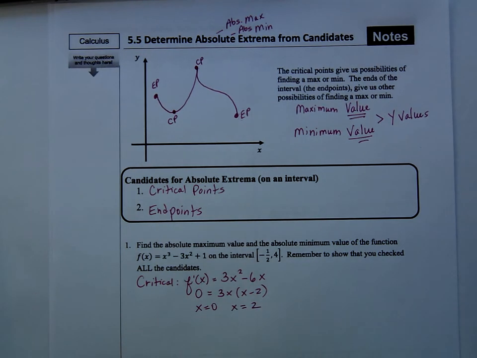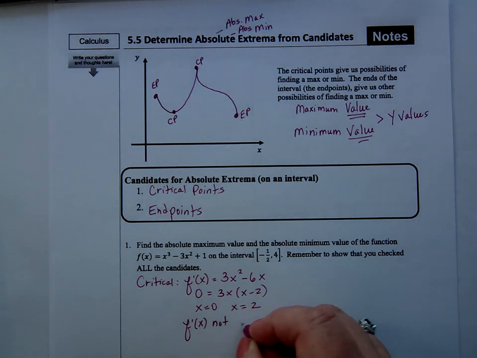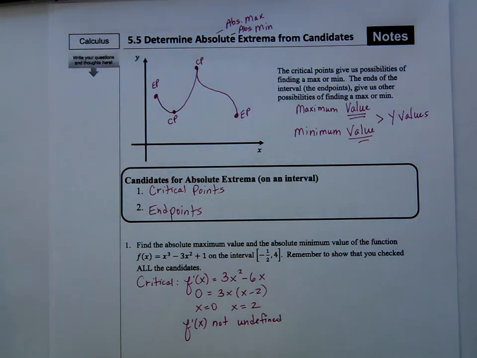Now in the previous sections, we've also asked, is this ever undefined? Because I also want to do that. Critical points are when you set it equal to 0 or when the first derivative is undefined, which it isn't. How do I know that? Because it's a parabola. It's an x² function, so it's quadratic. It doesn't have any issues.